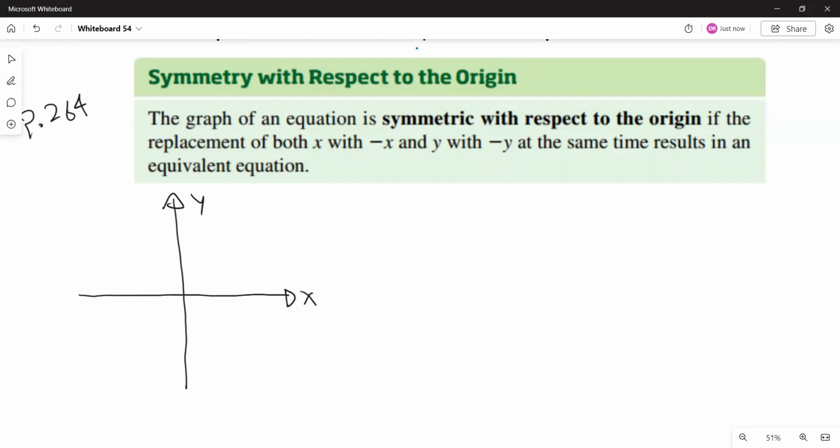But there could be other cases, something like this, which looks kind of like the graph of the cube root function. So if xy is on the graph, the point whose coordinates are the opposites of x and y is also on the graph.